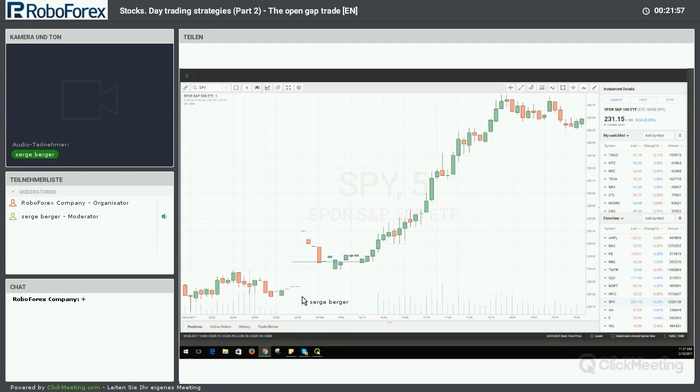Why does that happen? To be honest with you, I'm not really sure. But what I can tell you is that specifically at the midway point of a gap, in this case the downward gap, at about the 50% mark, there tends to be quite a bit of buying pressure. A lot of times, not always, of course.